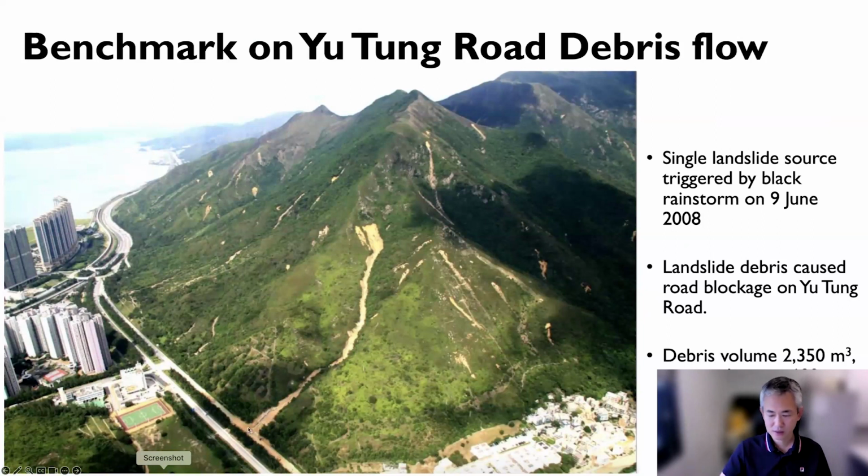This is the only road that connects Hong Kong to the airport. So it caused a major blockade of almost one day, such that all the airplanes were delayed and canceled on that day. The debris volume is around 2,350 cubic meters, and the runout distance is 600 meters.